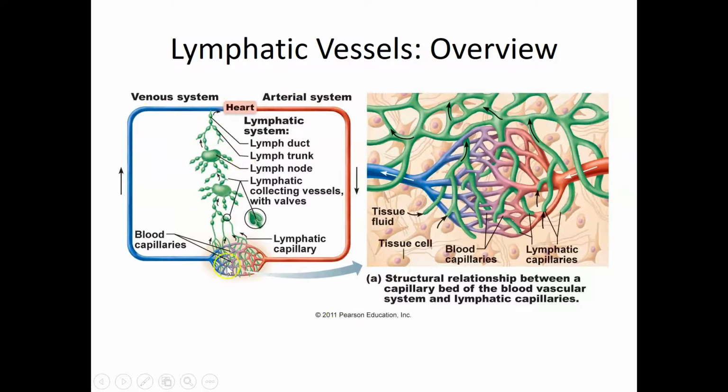In green is shown the lymphatic vessels, and the smallest being the capillaries being intermingled with the blood capillaries, and that's shown better over here. So wherever you find a blood capillary bed, you're going to find a lot of lymphatic capillaries as well. Remember, there's going to be net exit of fluid from the blood vessels, and that fluid is going to be sucked up into these lymphatic capillaries.